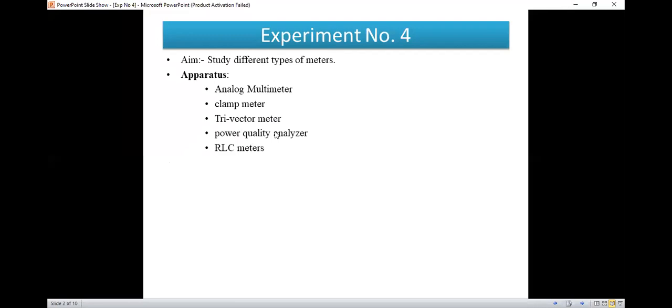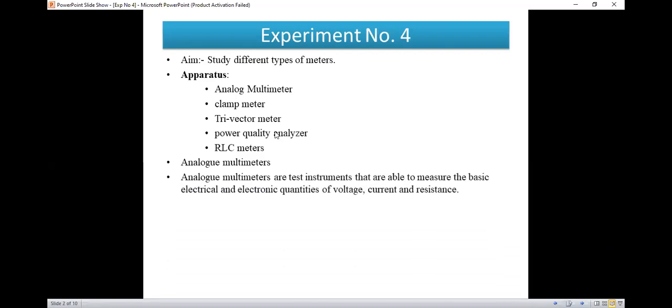These are the different types of apparatus required for today's experiment. First we will see some introduction and the working of each type of meter, how it works.